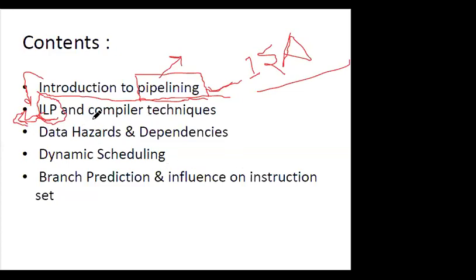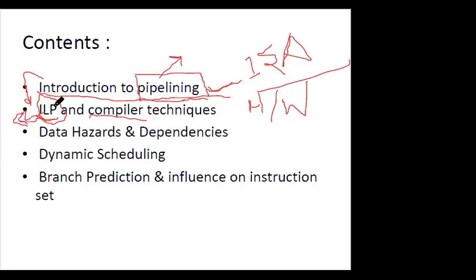Then we have the various compiler techniques. So ILP has to be dealt with in two categories. One is the hardware dealing of ILP, and the other one is the software dealing of ILP. So pipelining can be categorized into two categories.